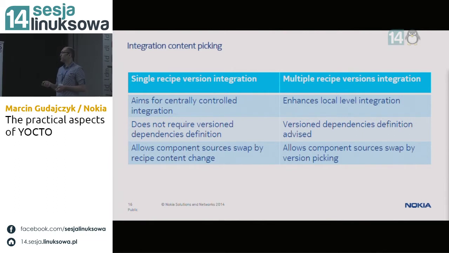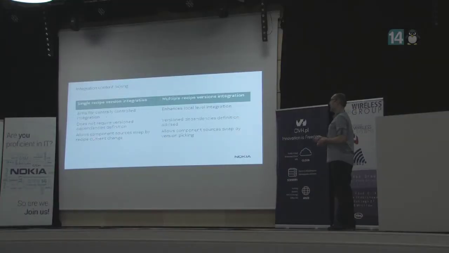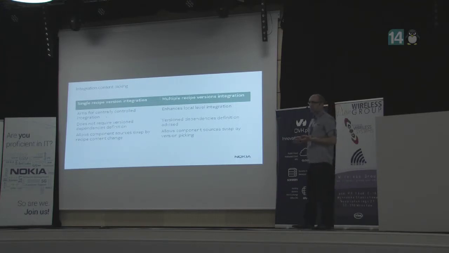So in the first solution, we do it just by substituting the content of the recipe. And in the second solution, we are allowed to actually pick the versions, because we have multiple versions of the same recipe available. We can define which version we want to pick.